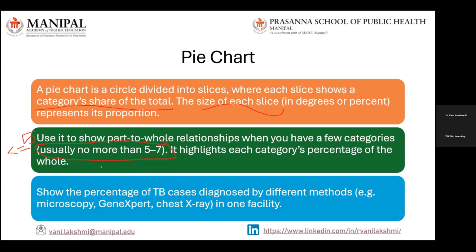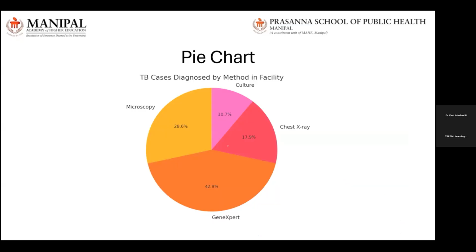For example, percentage of TB cases diagnosed by different methods in one health facility. Here you have 10.7% TB cases diagnosed by culture approach, 17.9% diagnosed by chest X-ray, 42.9% by gene expert methodology, and 28.6% by microscope.